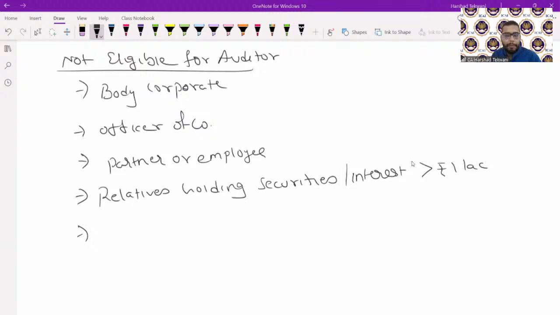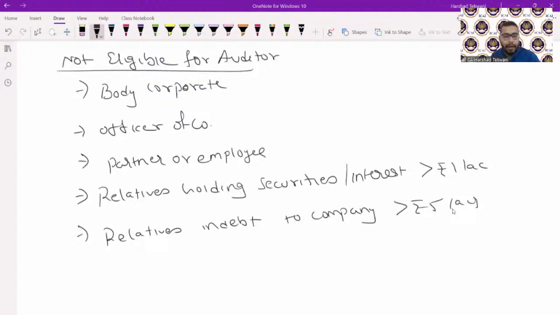Again, relatives indebted to the company greater than rupees 5 lakhs.